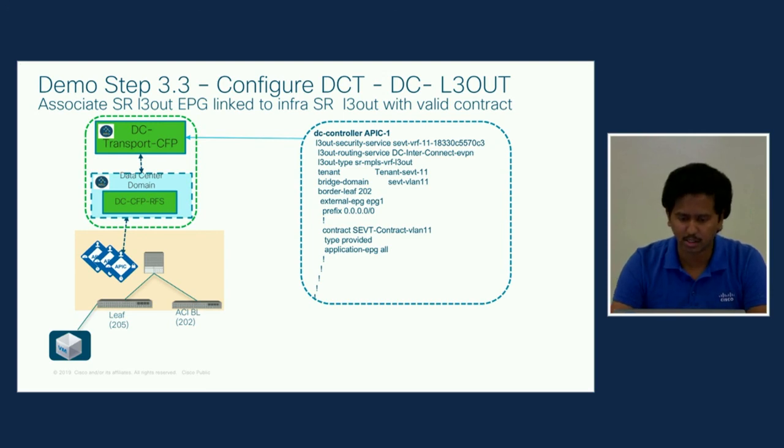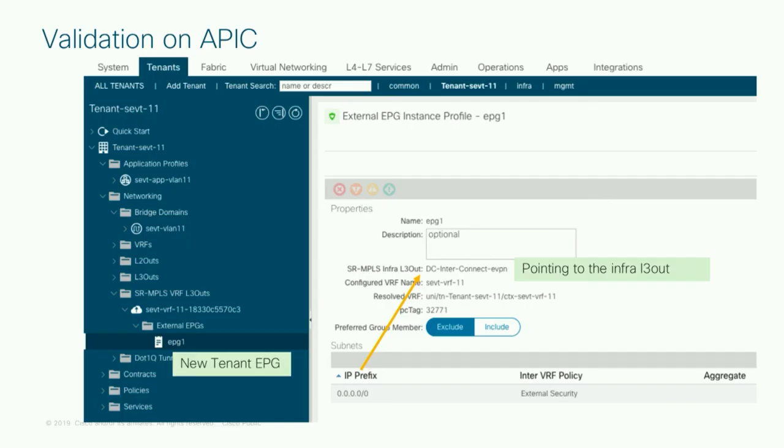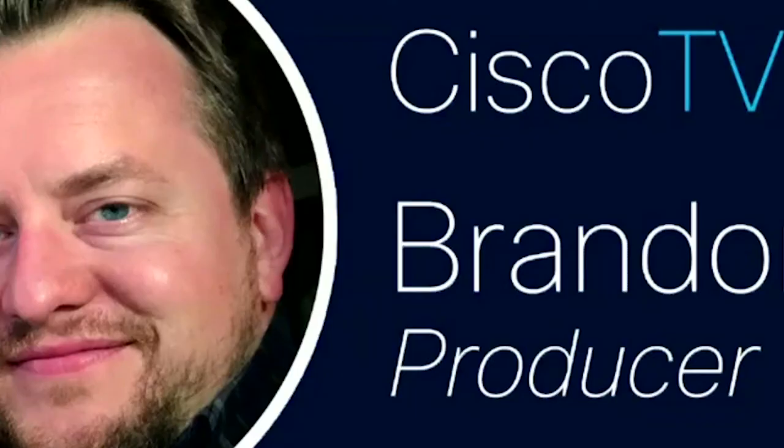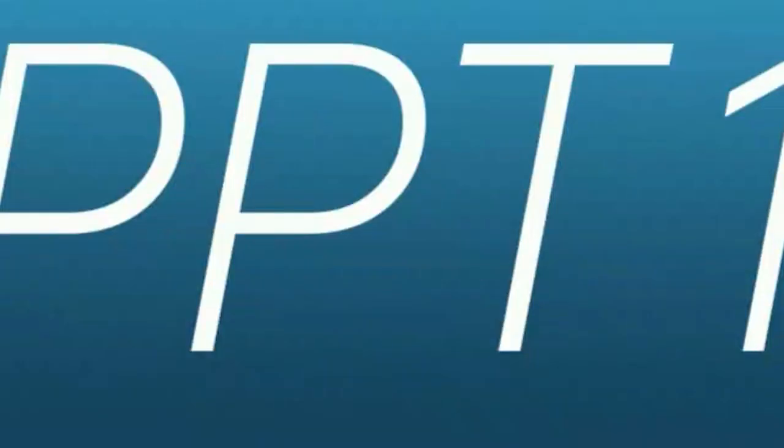And once that is associated, we will see that the infra L3 out is pointing to the service, a new tenant EPG is created, and this association will ensure that we have valid connectivity between the EPG1 and the BD IP address. So if you see here, the ping should be successful.